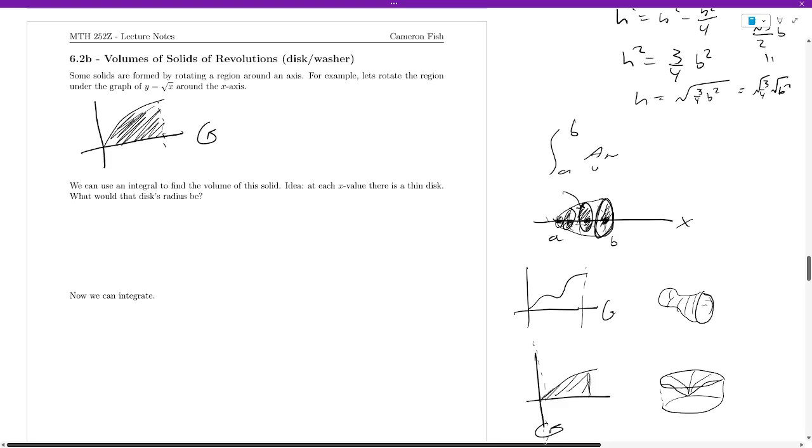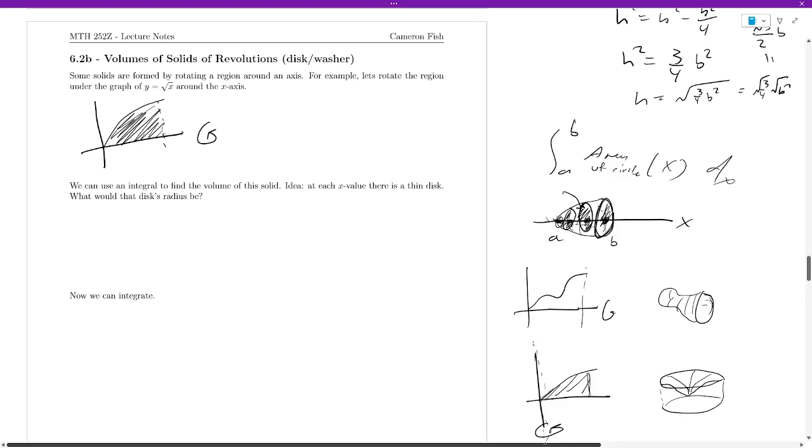So area of circle at each of these x values. And I'm going to add all of those up at all my x values between a and b. Very similar to the previous volumes by slicing. It's just that in this case, because it's a rotated solid, the solid that came from rotating a region, I'm going to believe that each of these cross sections are circles.